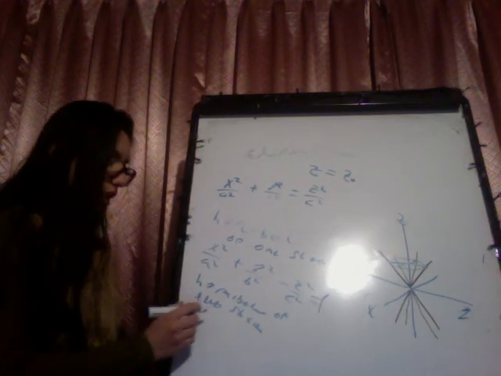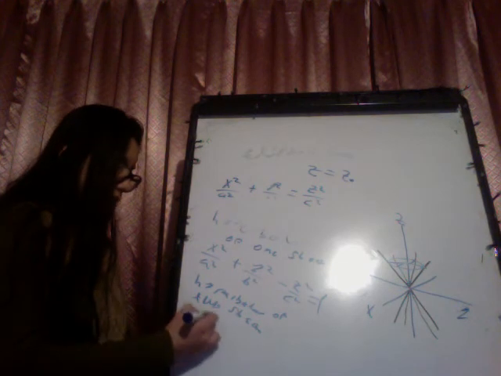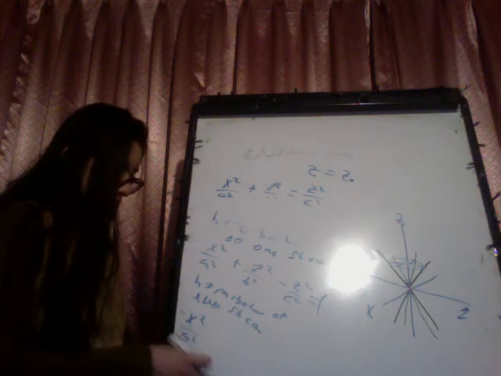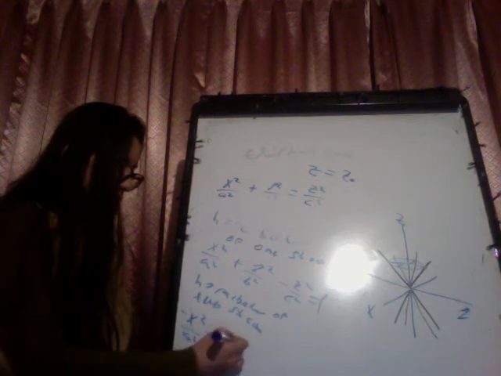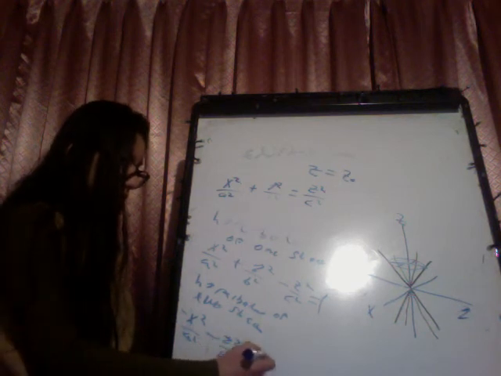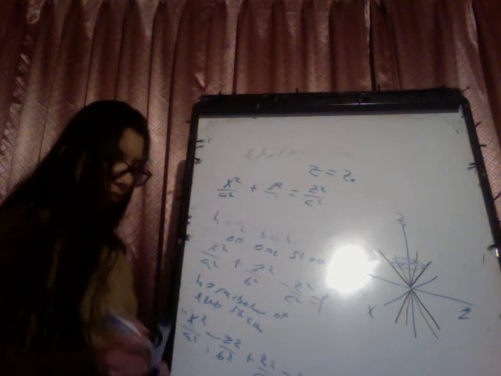And for the hyperboloid of two sheets, we have minus x squared divided by a squared minus y squared divided by b squared plus z squared divided by c squared equals 1.